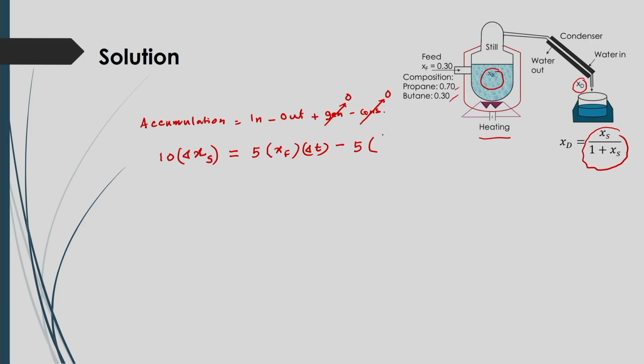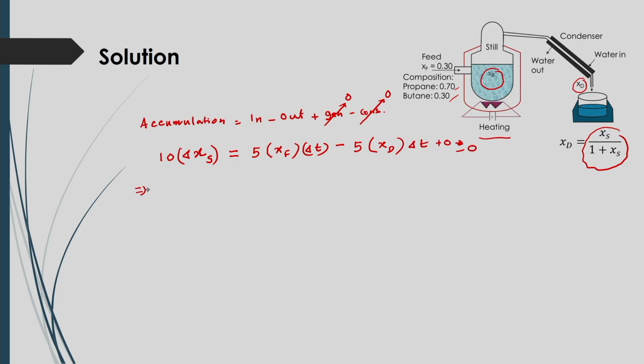So 5 into xd, where the outlet concentration is xd, and the time is delta t. In this way you can write the output for this short period of time, and generation is 0, and consumption is 0. So finally you can get this equation.